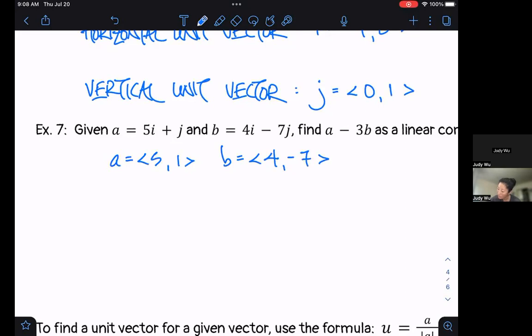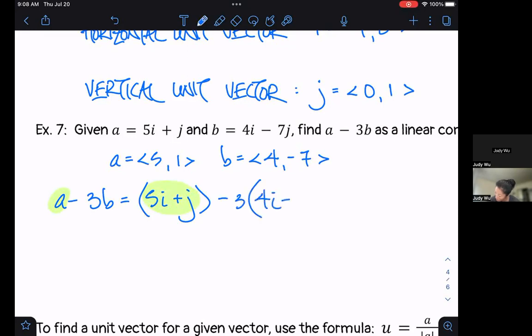Now, if we're looking to find A minus 3B, that's the same as 5i plus j, so this is our A, minus 3 times B, and our B is simply 4i minus 7j.